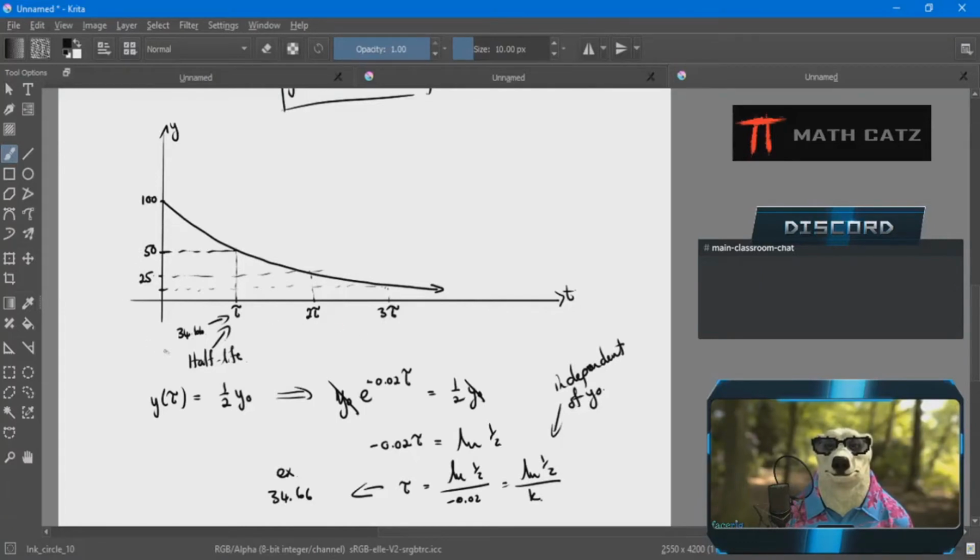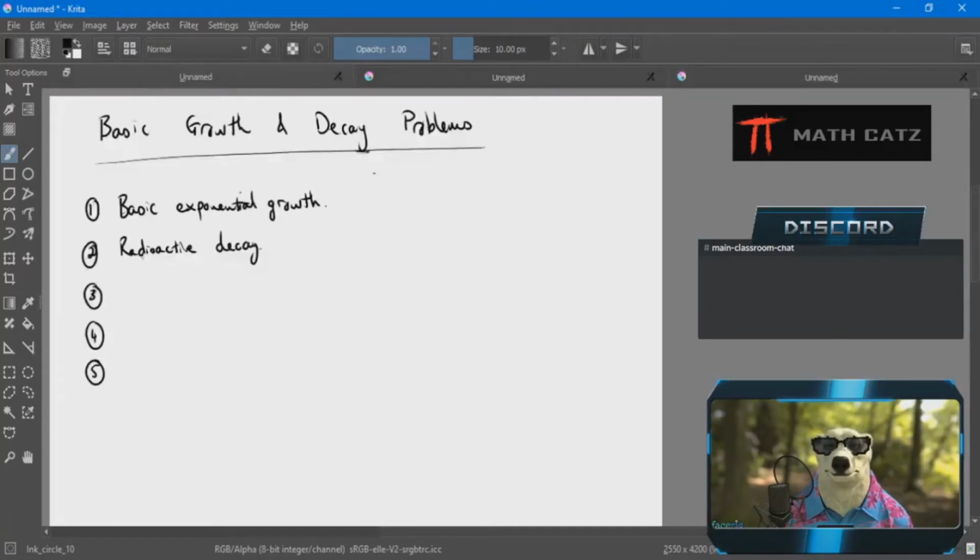So I lose less and less because it's more of a proportional decay than a fixed amount. Every half-life window, I lose half of what I had at the start of that window. And you can see that I'm never going to get to 0. I'm only going to lose half to 12.5 and then half of that and half of that, and I'll never actually get an answer of 0. So the half-life concept is a key concept in the radioactive decay problems that I list as number 2.